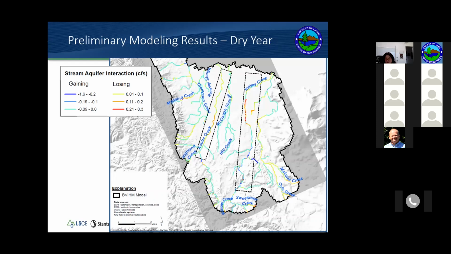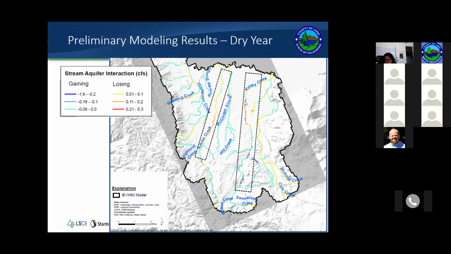In a good wet year, you would see that Kelsey Creek is gaining in the upper reaches, which in our model means groundwater elevation is higher than the creek. The model anticipates the creek is gaining for most of the year in these upper reaches. On the downstream reaches, probably downstream from Highway 20, you'd see the creek in orange and red.